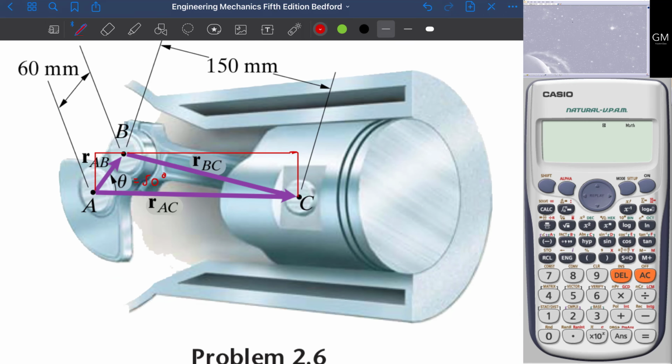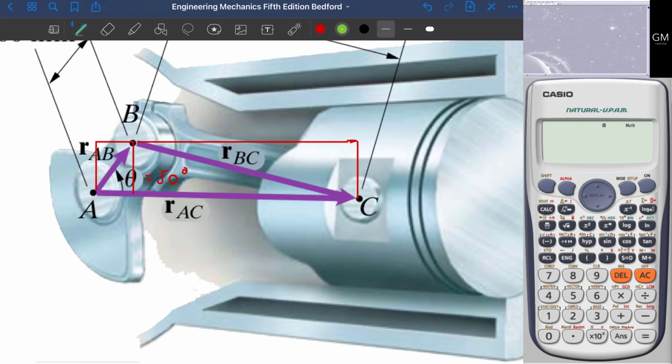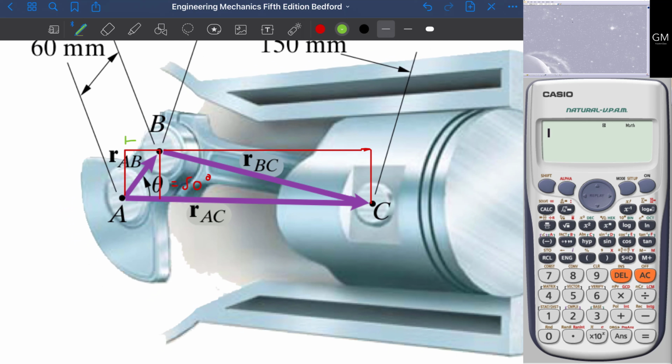Okay, so the only thing that I have to do right here is to find these two values. For example, I'm going to call this value x, and I'm going to call this value y.